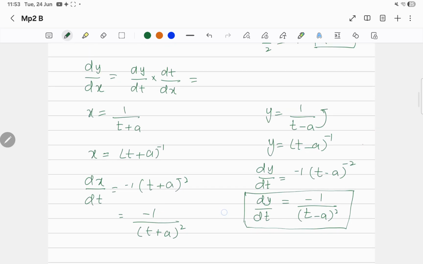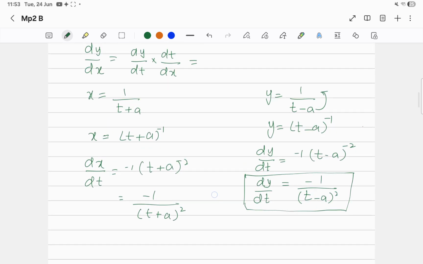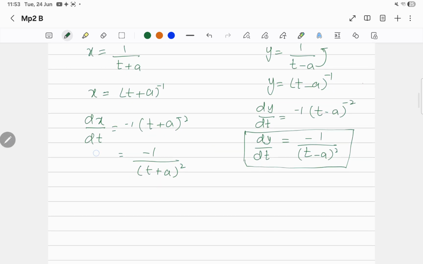Since we need the value of dt over dx in the formula, but this value is dx over dt, if you flip the fraction, dt over dx will be minus t plus a whole power 2.